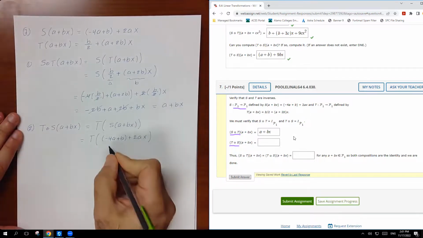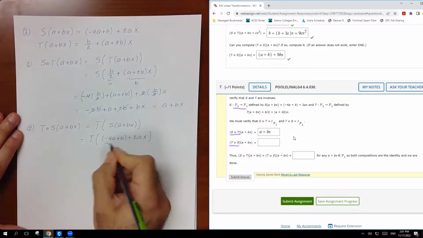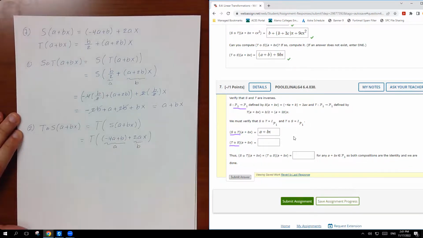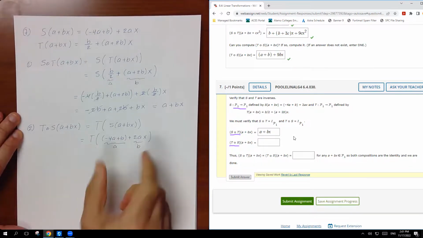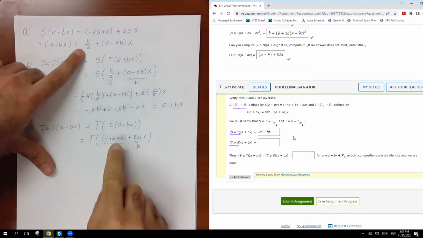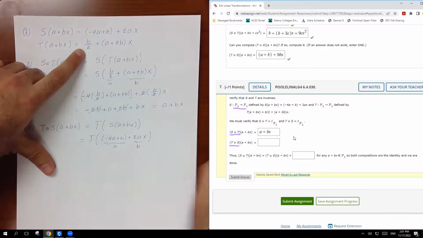I'm going to keep it in mind. I need to find the transformation. This one is going to be the a, and this one is the b. To find the transformation T with the a, b, it's going to be b divided by 2.